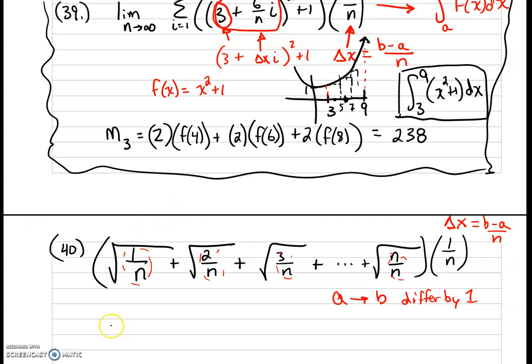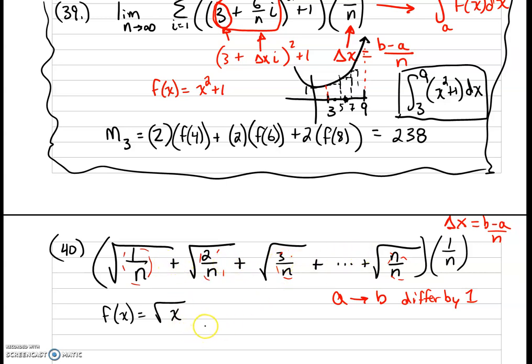And then I'm feeding things into a function, and it looks like the function that I'm feeding things into might just be the square root of x. Again, this is another problem where, for now, it might be easier to think this through using a backwards approach, thinking about what would lead to this result.